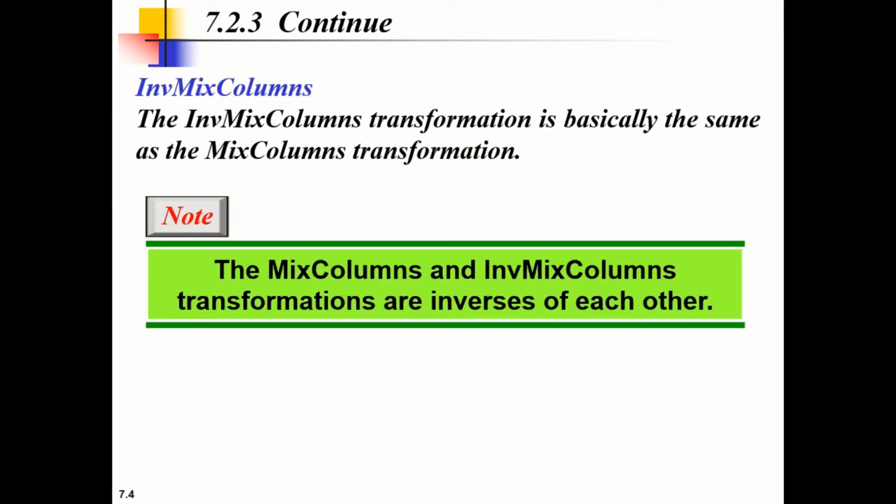Now, the operation at the decrypting end is called InverseMixColumns, and this transformation is basically the same as the MixColumns transformation, and these two operations are inverses of each other. So the changes we made at the encrypting end will be reversed at the decrypting end.